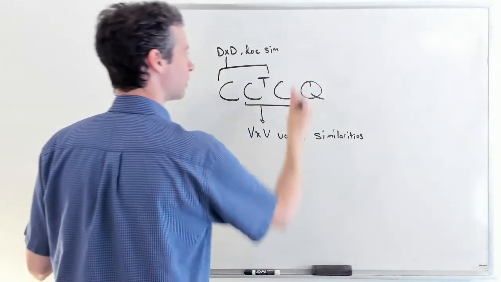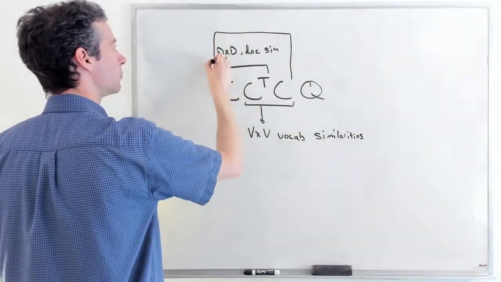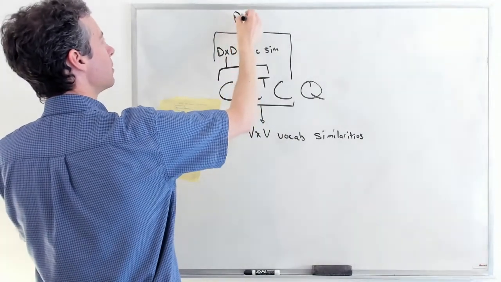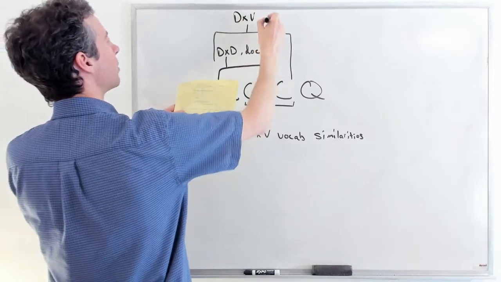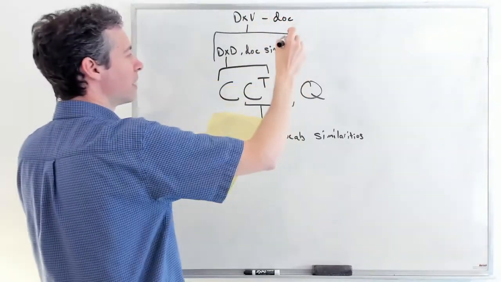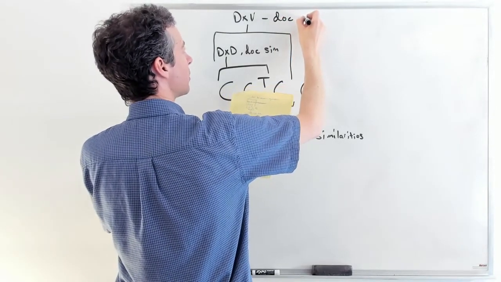If we were to look at this part, the first three of them, this basically gives us a document by vocabulary matrix. This is what we would view as producing a document expansion.